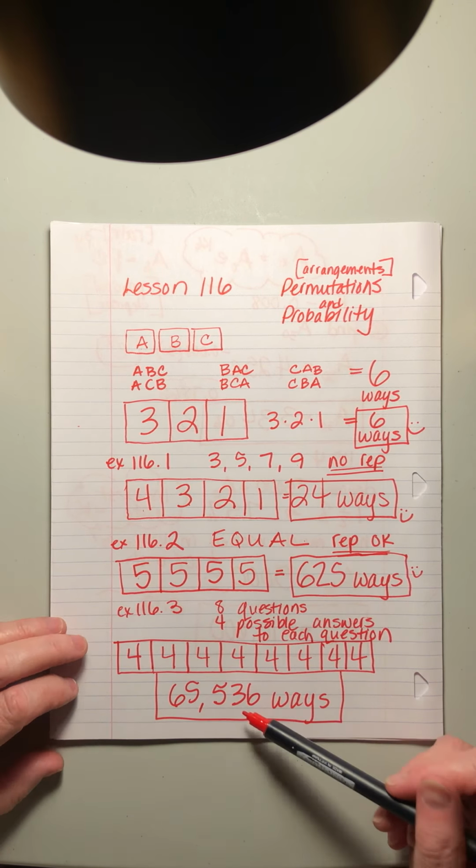116.4. How many three-letter signs can be made from the letters in the word numeral if no repetition is permitted? Okay, so what that means is that we don't have a felt board with an infinite supply of the white plastic letters.